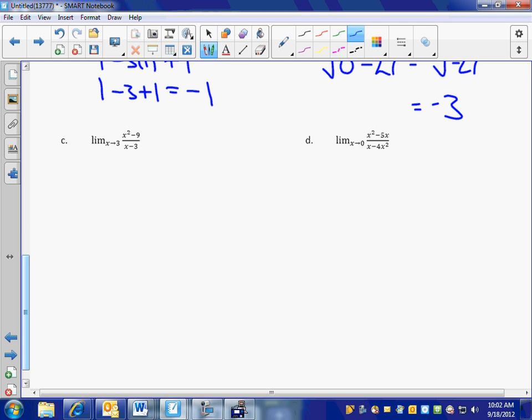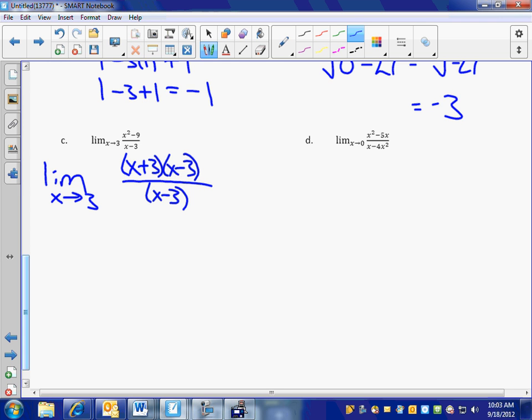What can we do to the top? I'm going to say something you're really going to be upset at me about. You have to continue to write the limit here until you actually plug in 3.